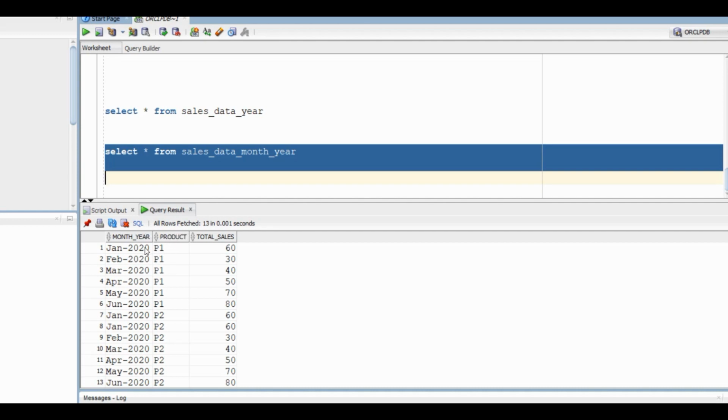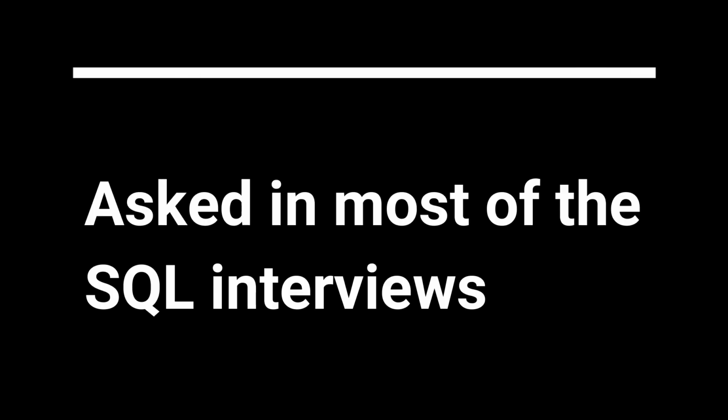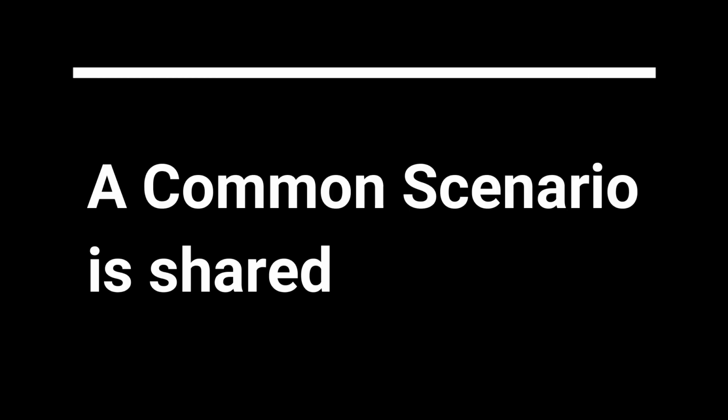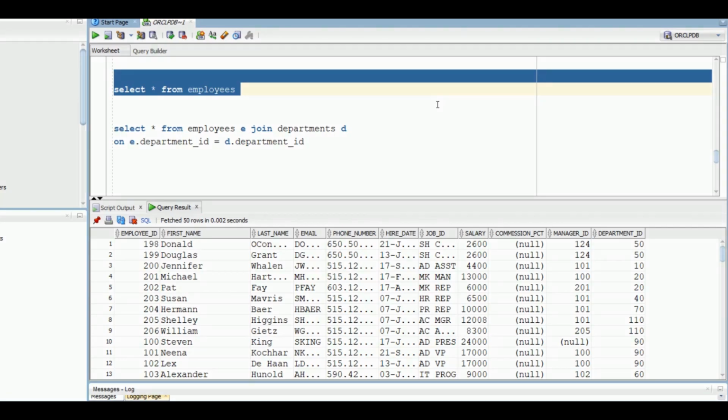What are joins in SQL? What are their types? This question is very common in most of the interviews. They give you a scenario and ask you to share the number of output rows based on the dataset. We will see a similar example in this question, but before that, let's understand what are joins.